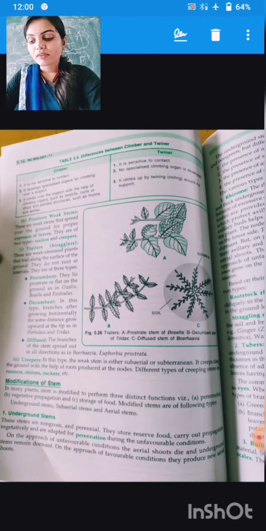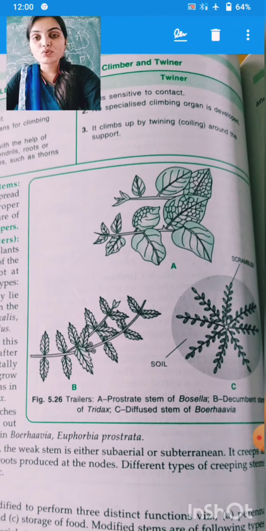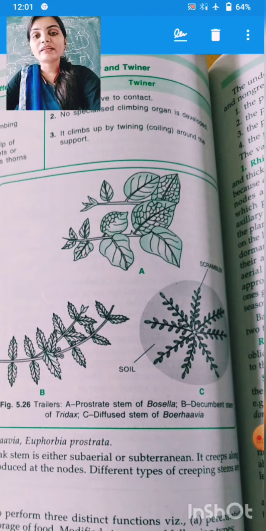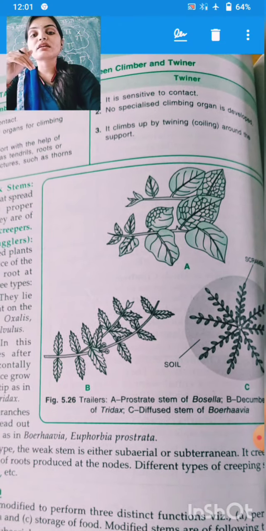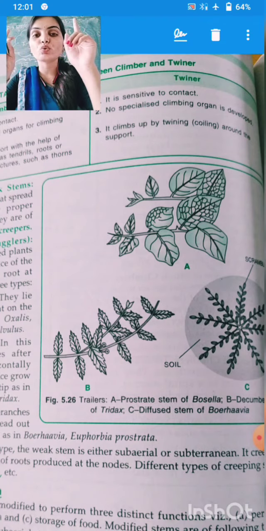Now here you can see the diagram where you are able to see how a stem is bifurcated. For example, in A you are seeing that from one stem two leaves are originated at different positions. Okay, they are having the same position but in different directions. In B you can see there is one stem and then the stem is bifurcated into two, and from each side two leaves are being formed.